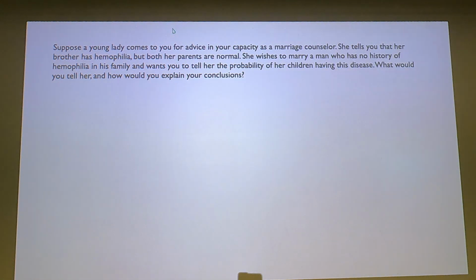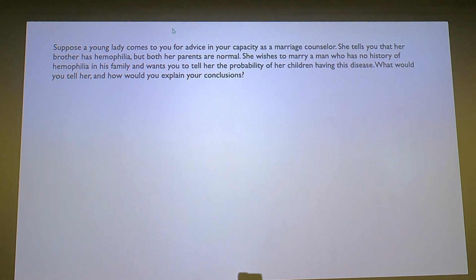Unfortunately, the tests for this aren't really widely accessible. So if you suspect you're a carrier for hemophilia, there are things you can do. There is a blood test that you can take. It's not 100% reliable, it's more like 80% reliable. If you're a heterozygote for hemophilia, your blood clots a little slower than if you're a homozygote.